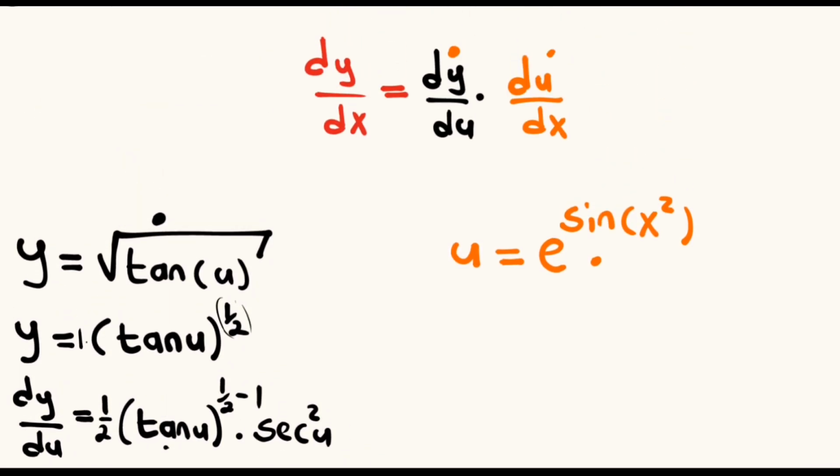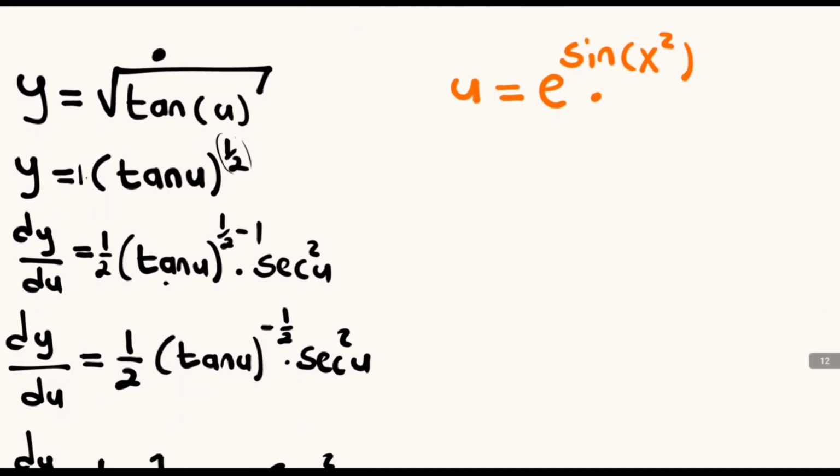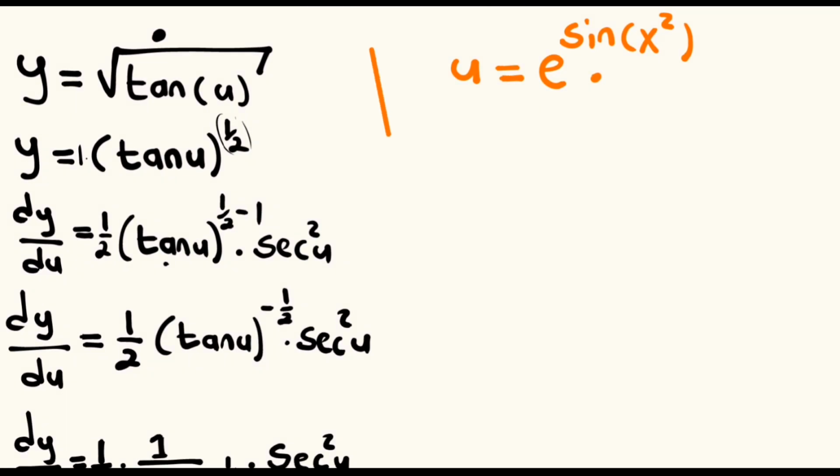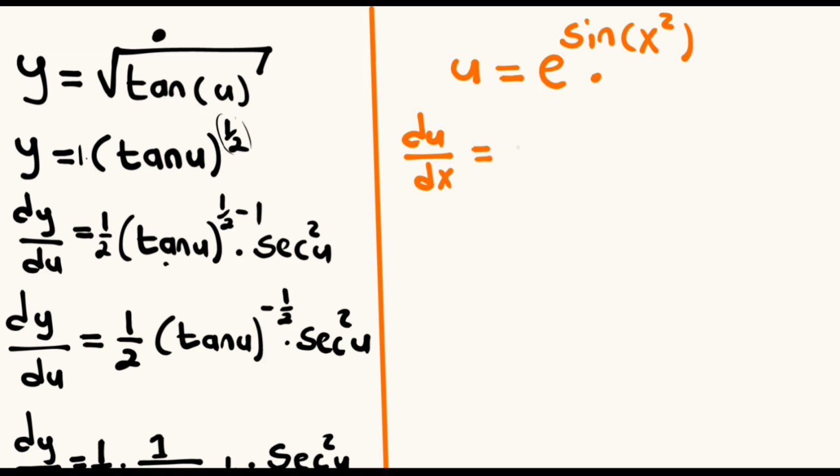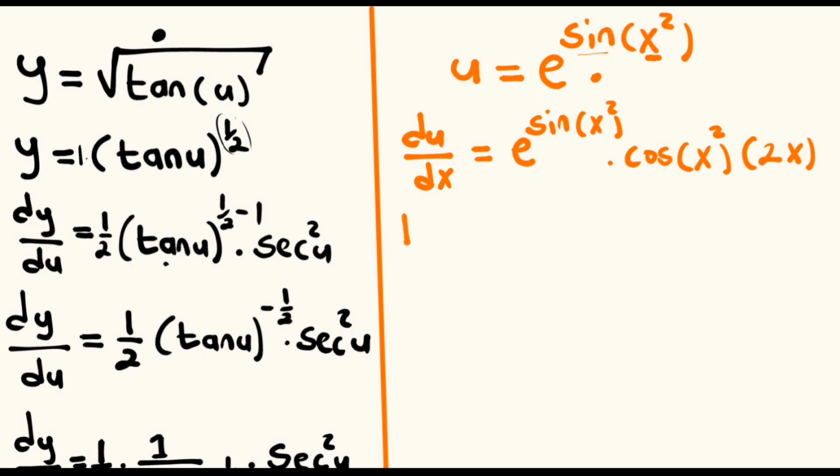Now we determine du over dx. The derivative of u with respect to x will be equal to e raised to the power sine of x squared, and the derivative of the sine of x squared will be equal to cos of x squared, and we also have to differentiate the inner function x squared, and that derivative of x squared will be equal to 2x.